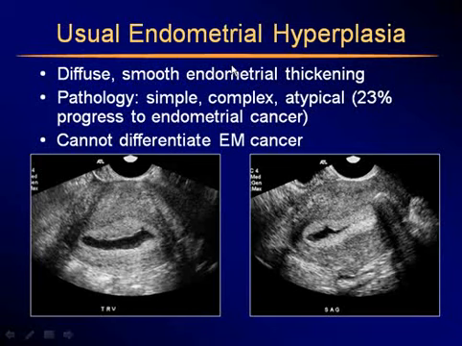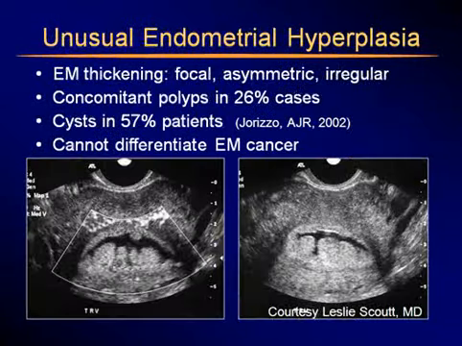There are usual and unusual manifestations of hyperplasia. Typically, hyperplasia is a diffuse, smooth endometrial thickening. Pathologically, they're classified as simple hyperplasia, complex, or atypical hyperplasia. The atypical ones, 23% of them progress to endometrial cancer. So it turns out that we really can't differentiate them from endometrial cancer, so they need to be sampled thoroughly.